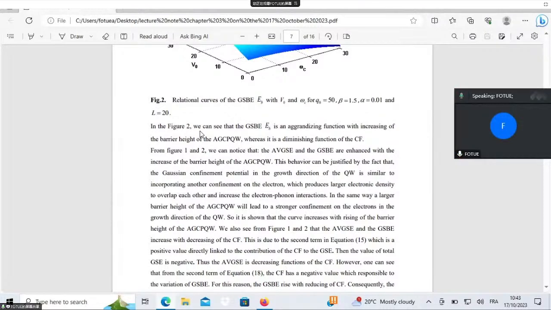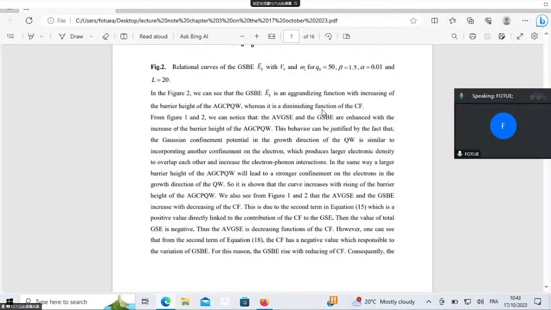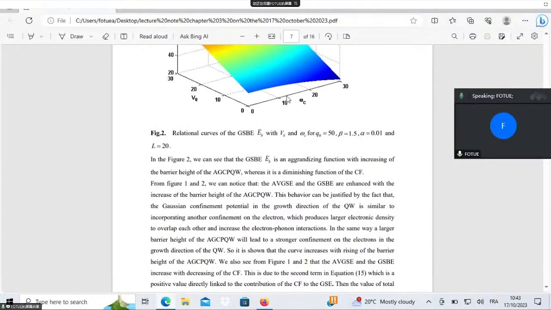Let us also conclude about the cyclotron frequency. We see from here that as the cyclotron frequency is enhanced, the same observation is also seen here. As the cyclotron frequency is enhanced, you have the decreasing of either the ground state energy and the binding energy.